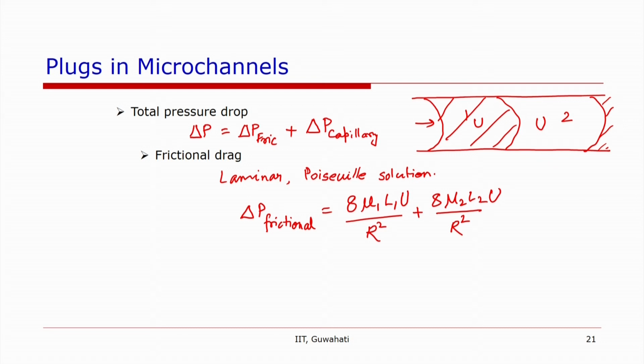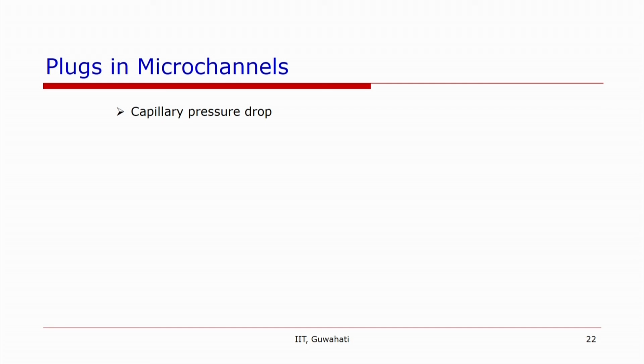Now let us turn our attention to the capillary pressure drop. So for the capillary pressure drop, if we analyze one plug, then we will have the interfacial pressure drop, say at the two junctions P1 and P0.